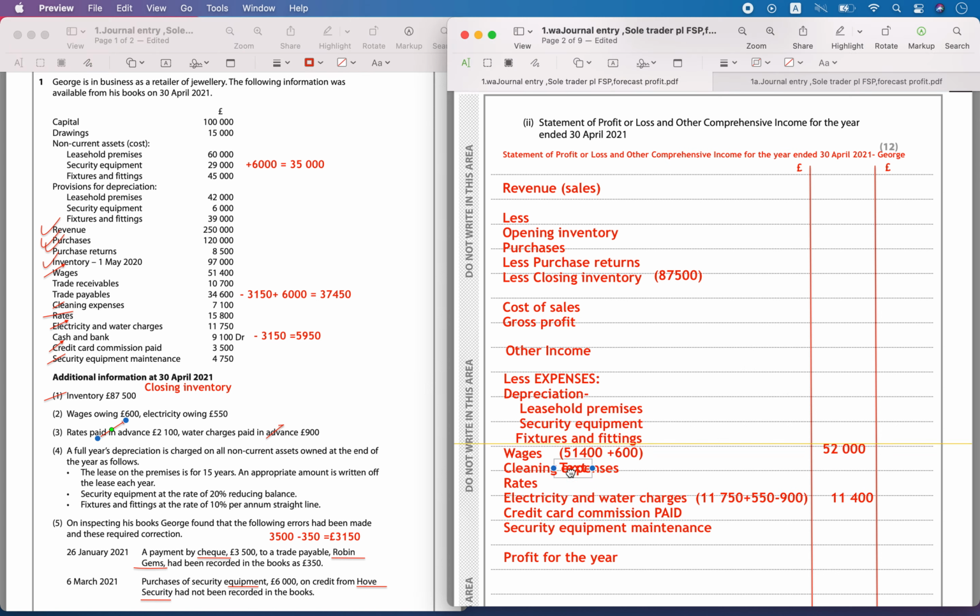The rates paid in advance was 2,100, and any prepaid you have to subtract, so minus 2,100. That value is 15,800 minus 2,100, that is 13,700. So let's write here 13,700.